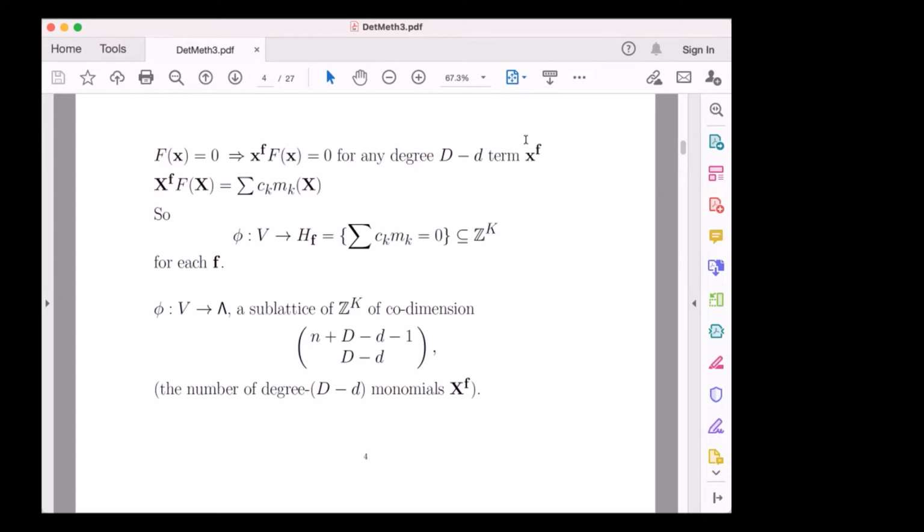So for a particular exponent vector f, let's denote x to the f times capital F by this sum of monomials with coefficient c_k. So in fact, the coefficients c_k are basically the coefficients of capital F, except now things are bulked up to make degree capital D rather than little d.